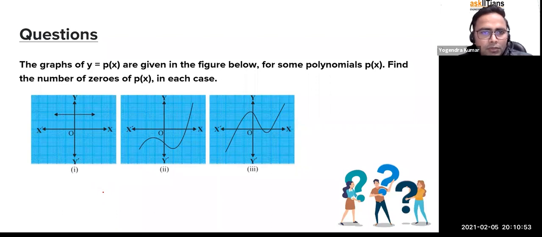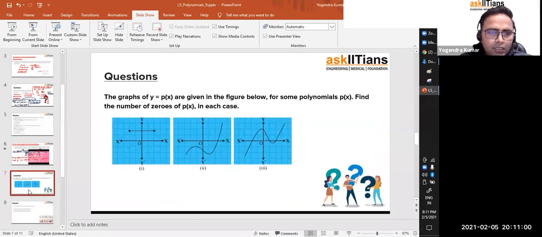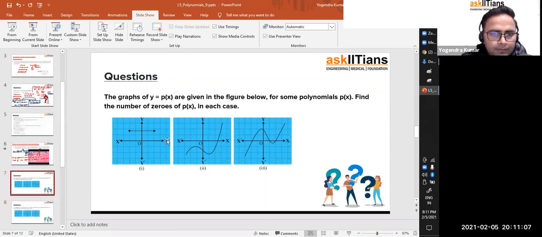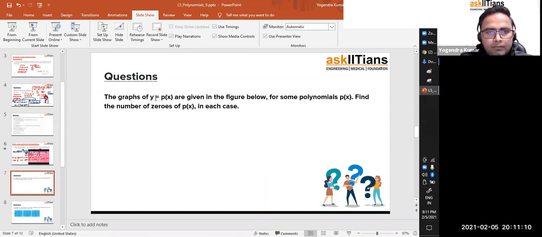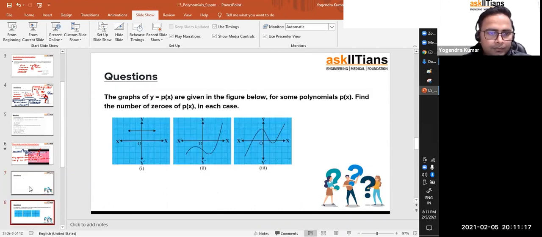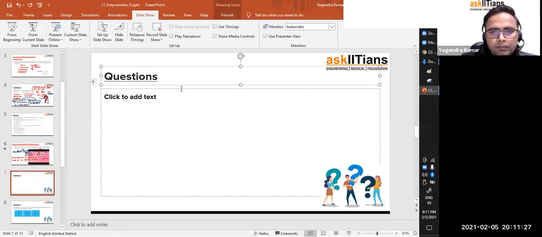So just give me one moment. Okay, I want to add a blank page, so that I can explain the graph here, right? Graph of quadratic polynomial, right?